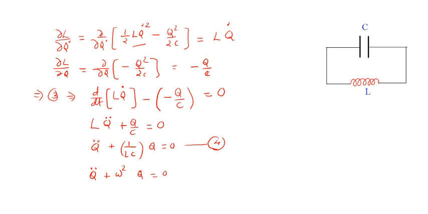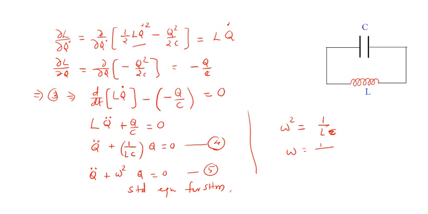Therefore, on comparing, omega squared is equal to 1 by LC, or omega is equal to 1 by root of LC. Since omega equals 2 pi f, f equals 1 by 2 pi root of LC, which gives you the frequency of the LC oscillation. You can see it is the same expression that we are familiar with and expected.